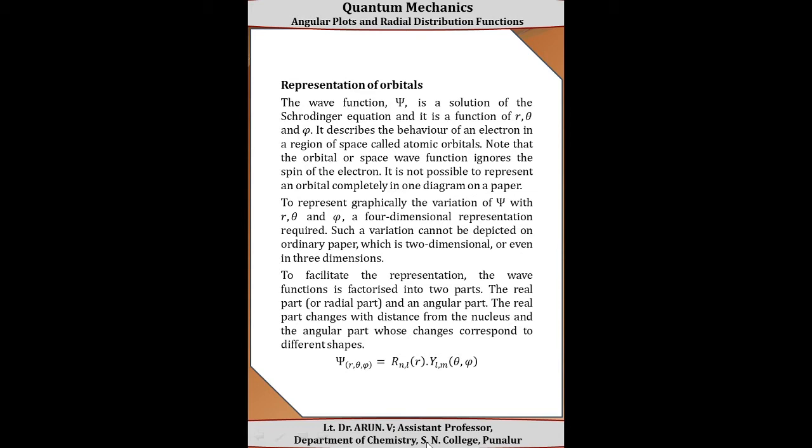The radial part changes with respect to the distance from the nucleus, whereas the angular part's changes correspond to the different shapes of the orbitals. Therefore, the total wave function psi(r, theta, phi) is equal to R_nl(r) times Y_lm(theta, phi). The first part R_nl(r) is the radial part and Y_lm(theta, phi) is the angular portion.